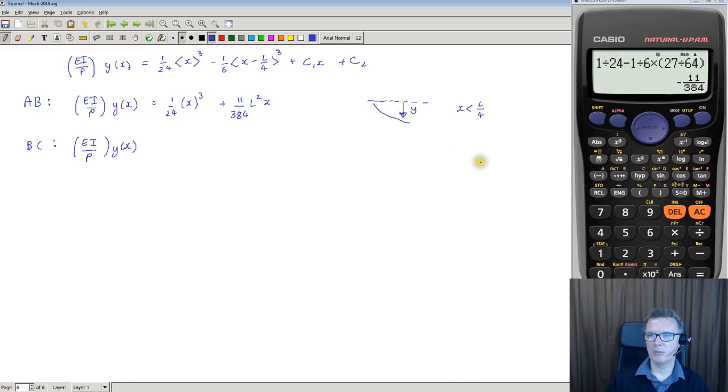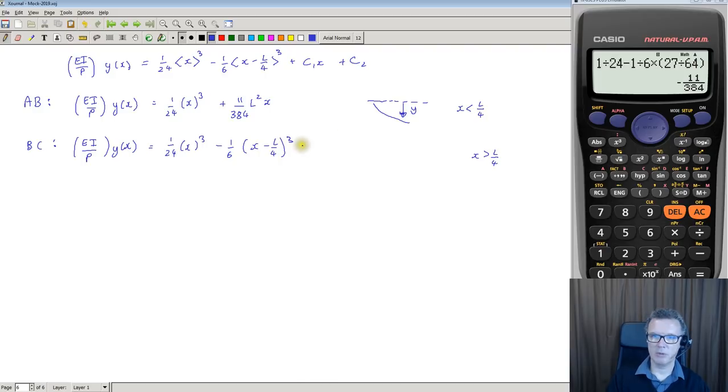So here we've got the case that x is greater than L over 4. So this bracket in this case is going to become a positive. So you've got 1 over 24 x to the power 3 minus 1/6 x over 4 to the power 3.